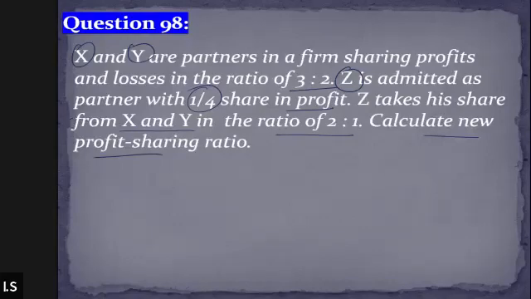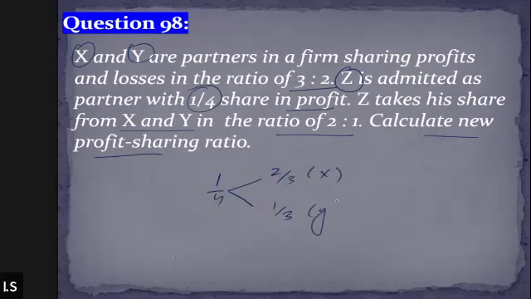So that means the 1/4 share of profit he will acquire from X and Y collectively in the ratio of 2:1. That means if the total share of Z is 1/4, he will take 2 by 3 from X and 1 by 3 from Y. Is that right?